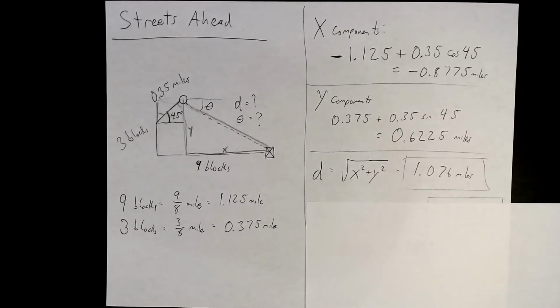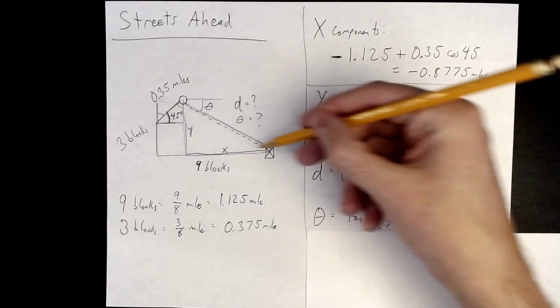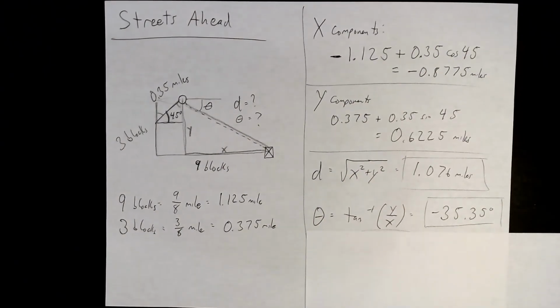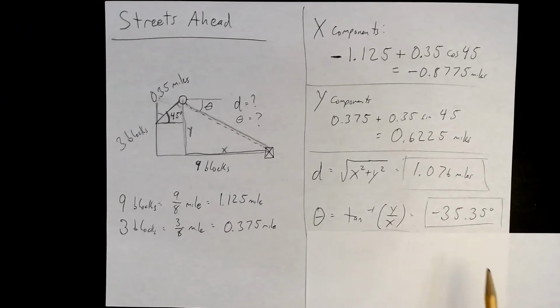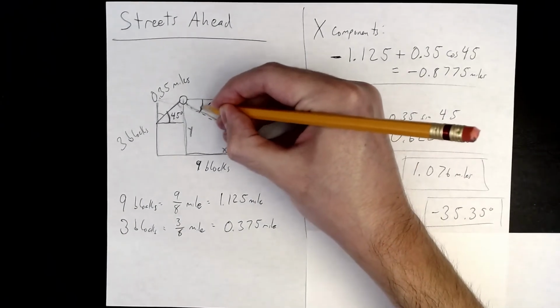To find the angle, take the inverse tangent, or arctangent, of the y component over the x component. Whatever the y thing is, divide that by the x thing, take the inverse tangent of that, make sure that you are in degrees, not radians, and in this case we get negative 35.35 degrees. That's this angle in here.